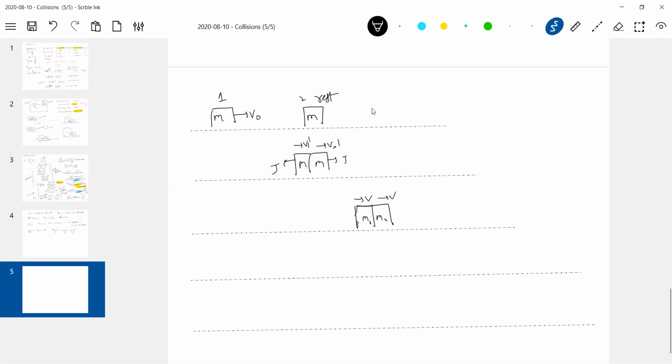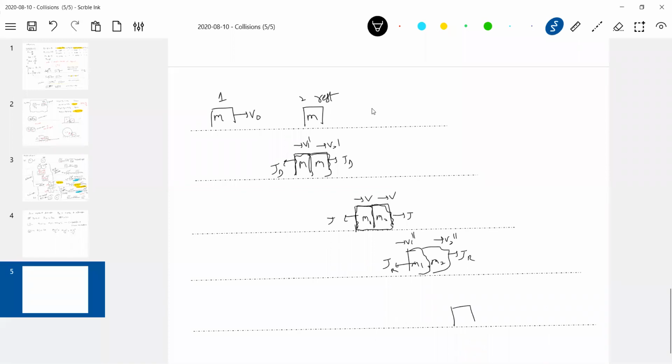Here, if you want, you can show deformation, then again reformation. So here it will be V1 double dash, V2 double dash. Just show that impulse, don't bother. Why confuse you?